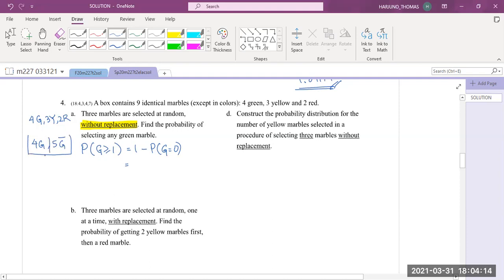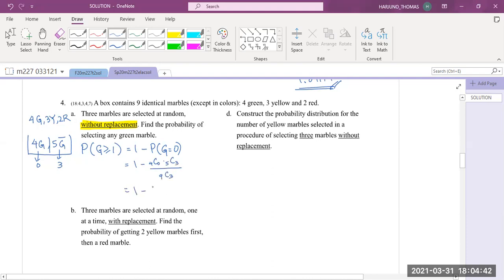Okay, now what is the probability you get no green? So nothing from here. So how many from not green? We select 3 marbles, right? So 3 of them not green such that none of them are green. This will be 1 minus 4 choose 0 times 5 choose 3 over 9 choose 3.